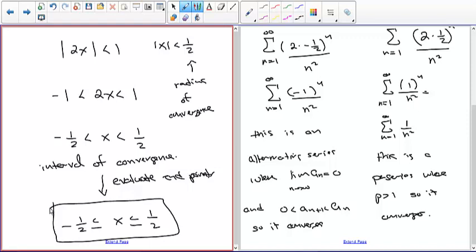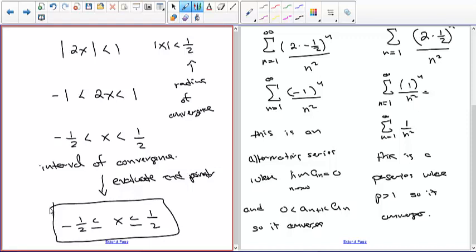Sometimes, like this, it's going to converge for a range of x values. The ratio test tells you the range, but it doesn't tell you what happens at the endpoints. So you have to take the values of the endpoints, plug them back into the original power series, plug in x equals whatever those endpoints are to come up with series that don't involve x, and then you use the appropriate test to see whether the endpoints converge.